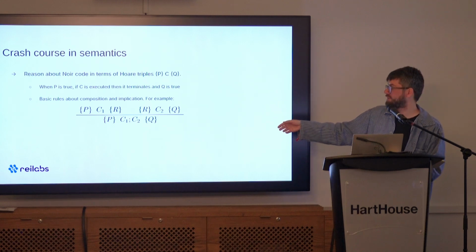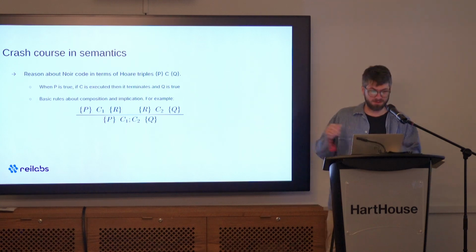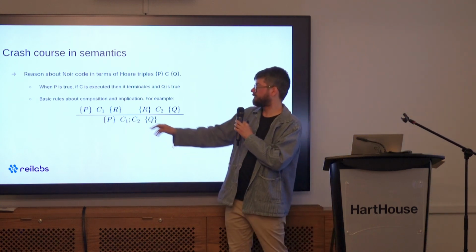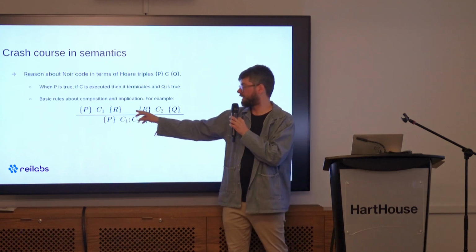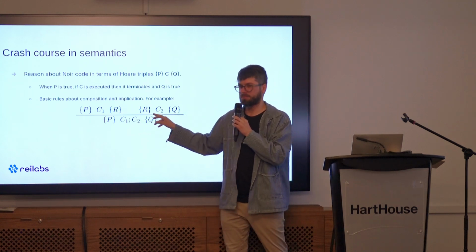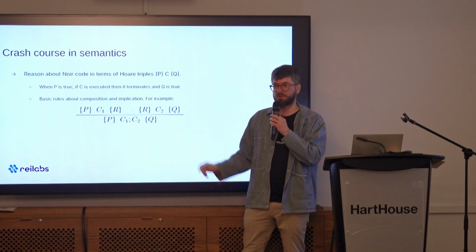What this judgment is saying, if you parse it out: we have these two Hoare triples here, and if these two Hoare triples are true, then this last Hoare triple is true. Let's parse out what these three Hoare triples are saying.